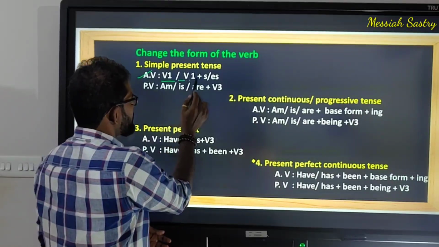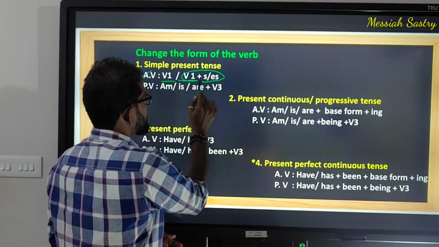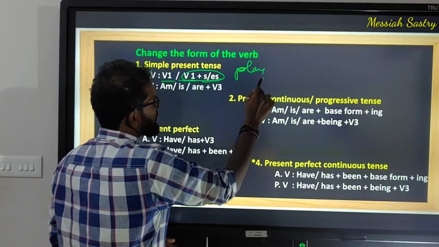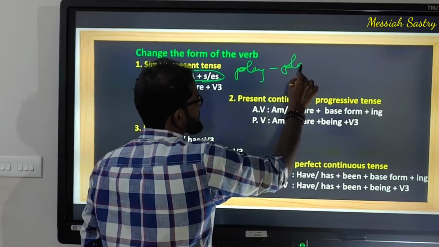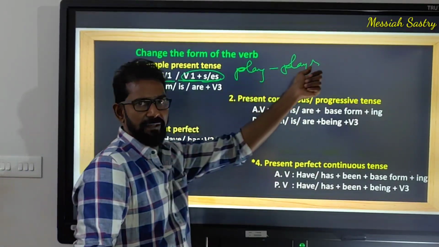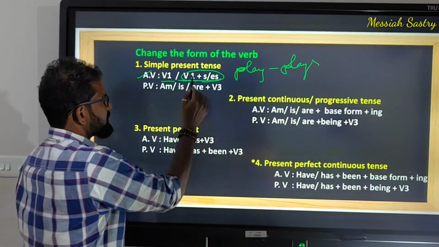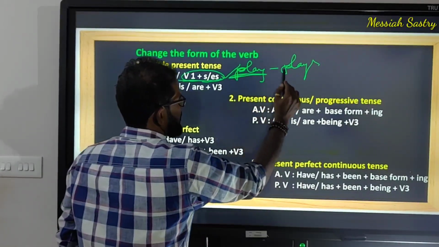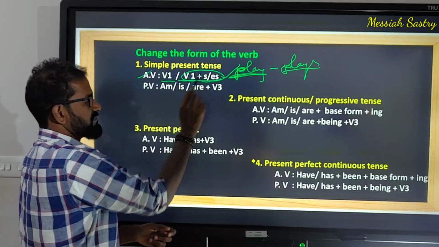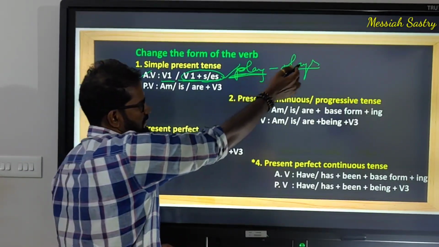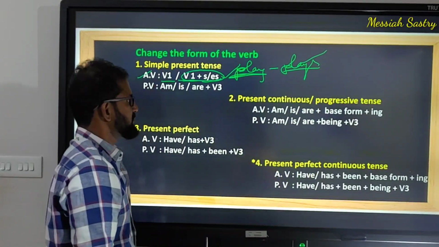V1 or V1 plus s/es, which means we can say play or plays. I am taking the example of the verb play. In active voice, the verb will be play or plays. Based on the subject, if the subject is third person singular, we use plays.